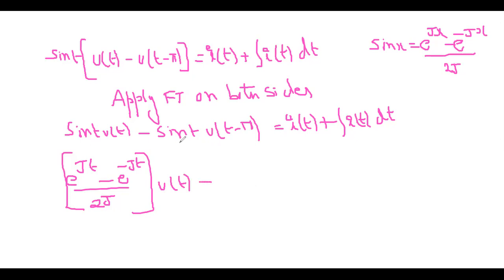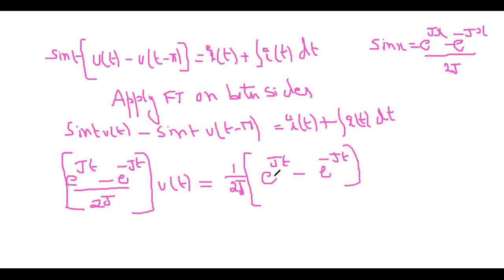Similarly here also, sin t is e power jt minus e power minus jt by 2j into mu of t. First I am finding the Fourier transformation of this function. Only the first term, my dear students, don't confuse. 1 by 2j into e power jt minus e power minus jt.